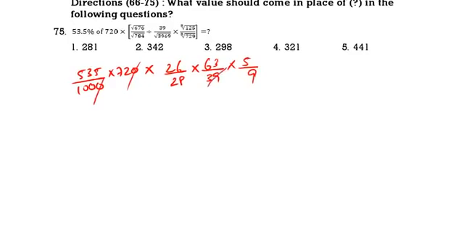See 13 3s, 13 2s, then 7 4s, 7 9s, 9 9 cancel, 2 1s, 2 2s. Now this is 2 into 3, 6. This is 12. Then see the calculation again. Here we are left out with 5. 5 10s, 5 7s. Now 4 25s, 4 3s. Next.